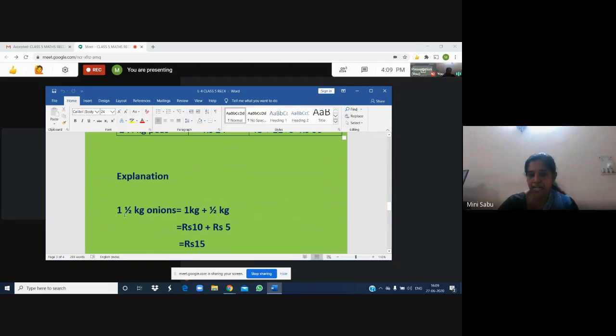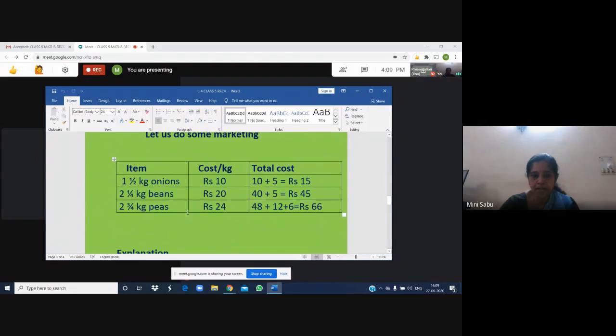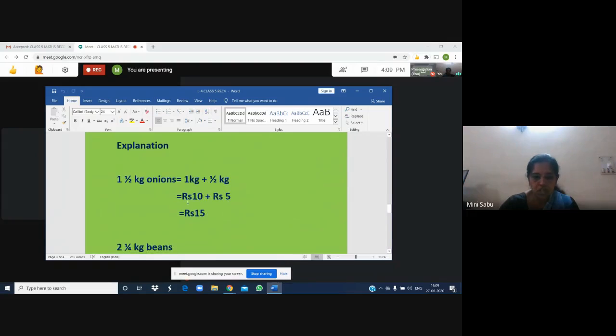And you know 1.5 kilogram means 1 kilogram plus half kilogram. Correct? And this you know 1 kilogram. The shopkeeper has told us 1 kilogram onions he will give us for 10 rupees. So for 1 kilogram it is 10 rupees. But we bought half kilogram also extra.